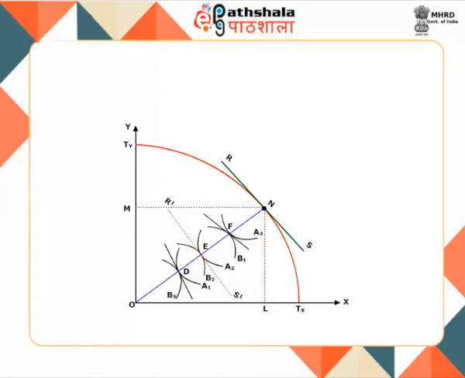It will be recalled that each point of the transformation curve corresponds to a point on the production contract curve, which shows all combinations of two goods which satisfy the condition of general equilibrium of production.